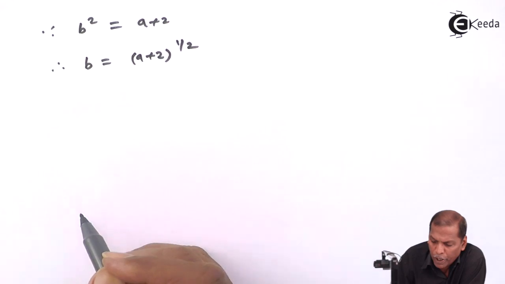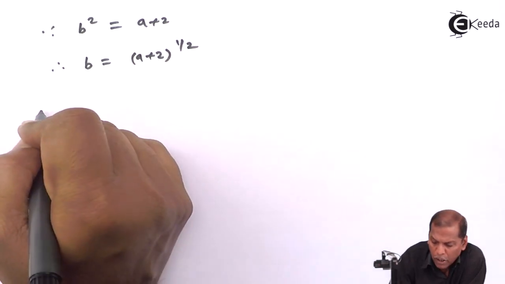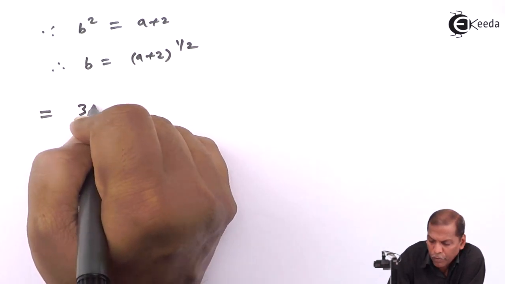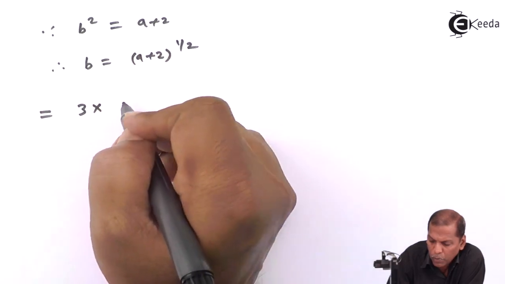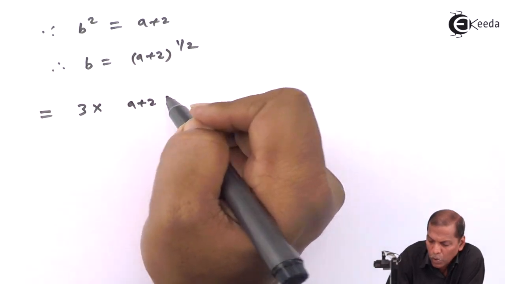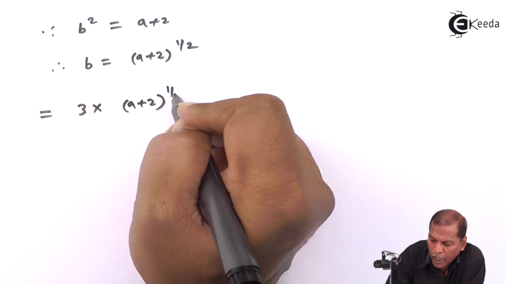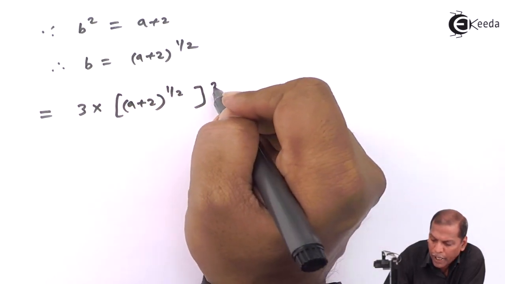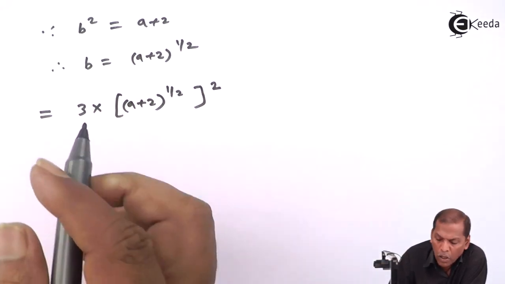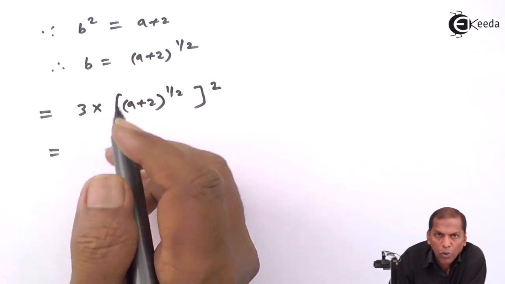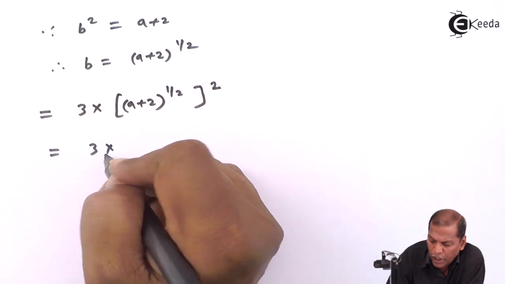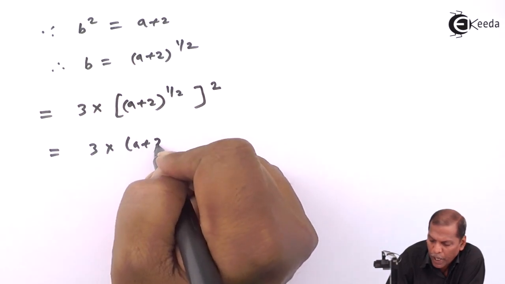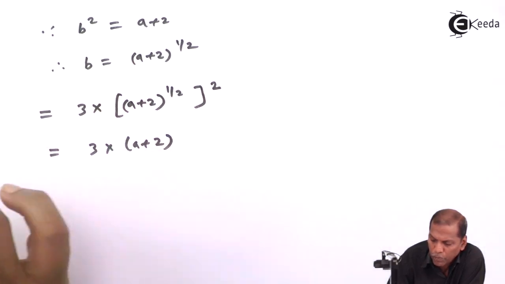Substituting the value of b, we get the final answer that 3 into (a plus 2 raised to 1 by 2) whole bracket square. Now here we cancel 2, so we get 3 into in bracket a plus 2.